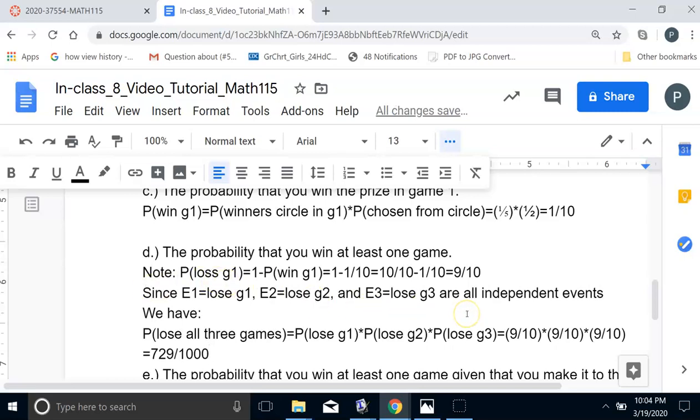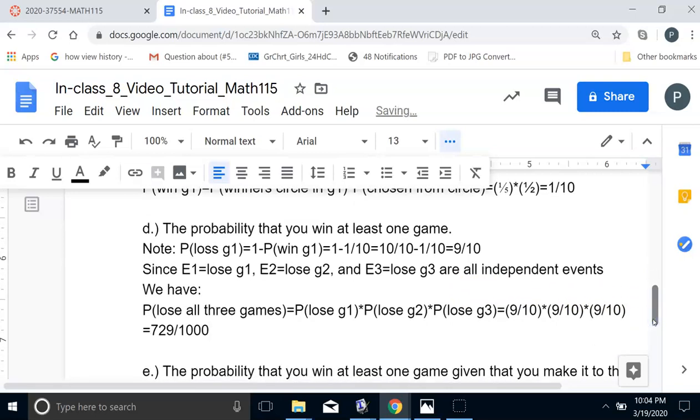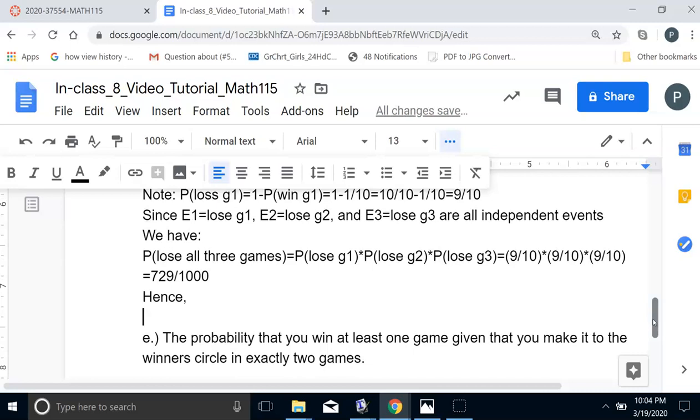Okay? So hence, the probability that we win at least one game out of the 3 is equal to, I claim, 1 minus the probability that we lose all 3 games.